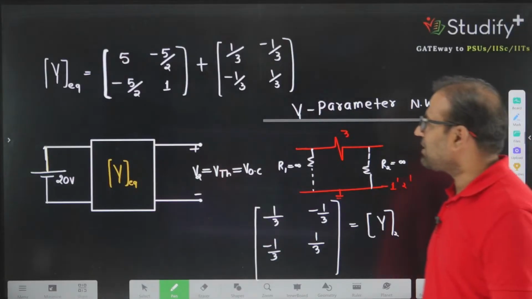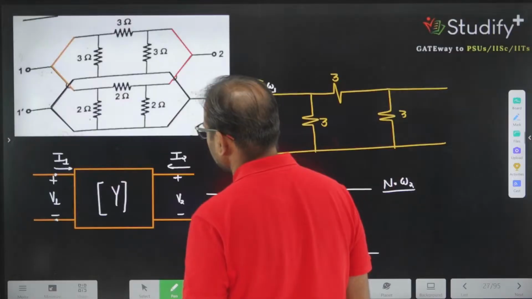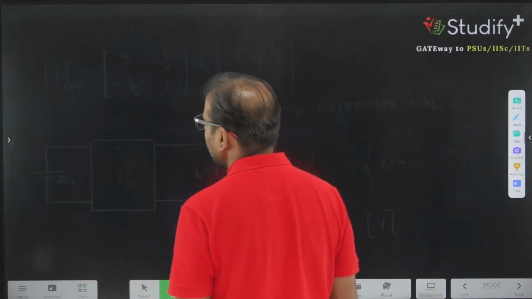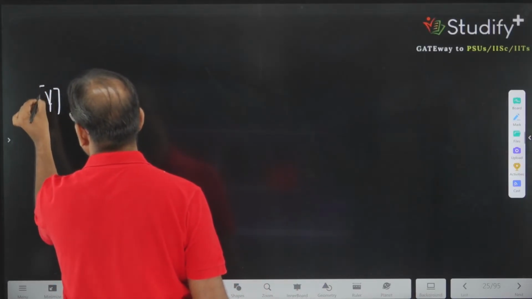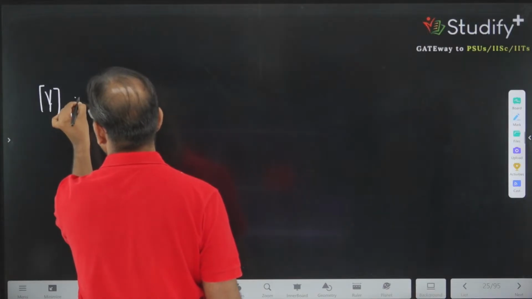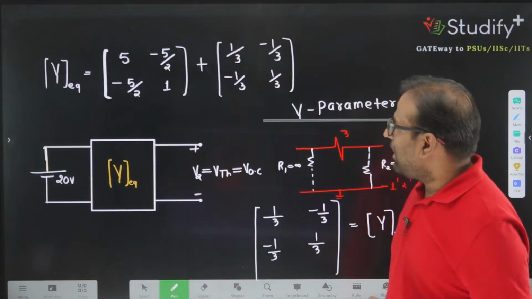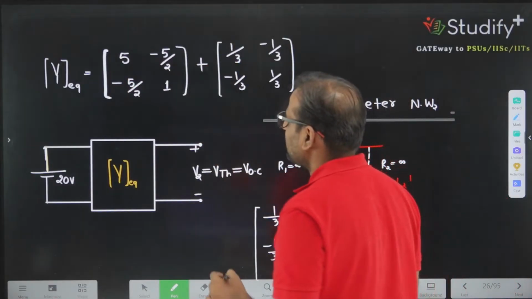What is the equivalent of this? The equivalent Y parameter. 5 plus 1 by 3, 15, 15 plus 1, 16, 16 by 3.